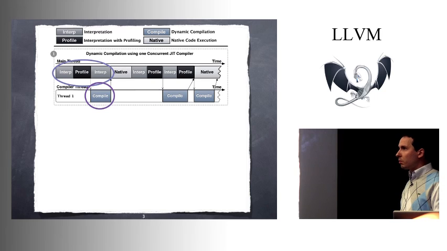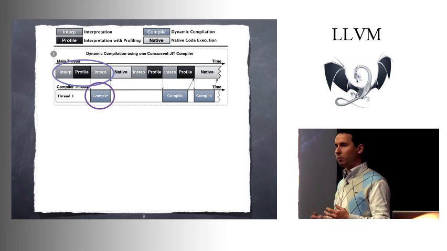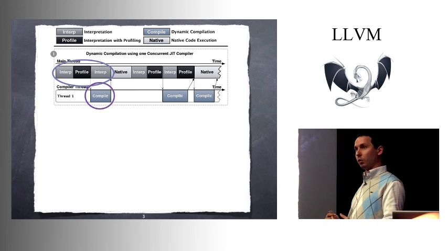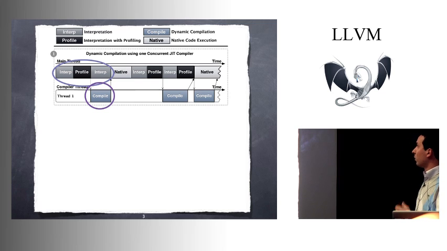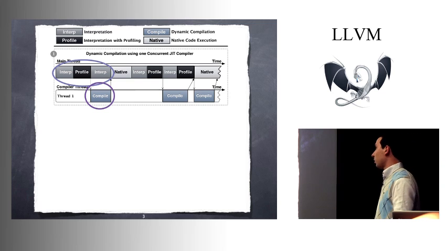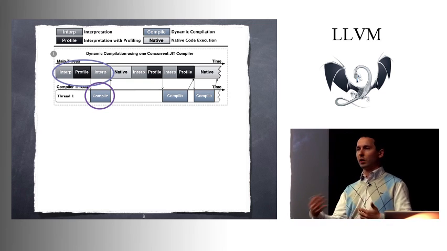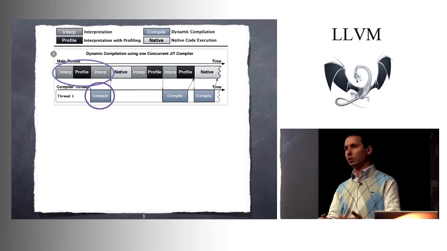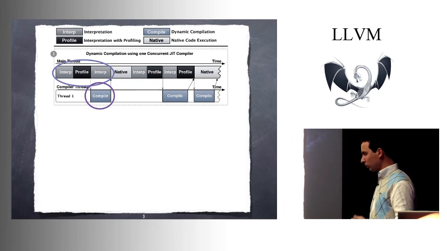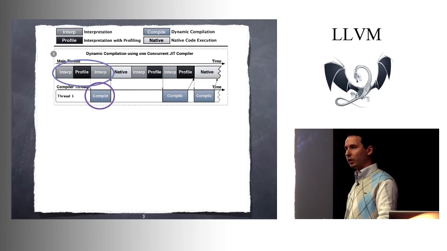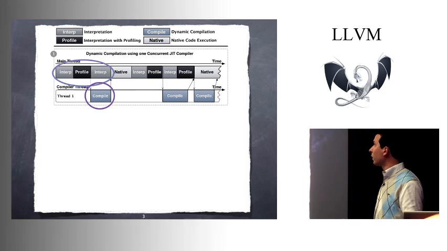State-of-the-art systems try to get the dynamic compiler out of this loop and run it in a concurrent thread. What that means is that when you start executing your target application, you have this bit at the beginning where you start interpreting, then you discover something that you would like to profile. Let's say you discover, oh, here's a loop, so you start to look at it, or you see that you're executing a function or method frequently.